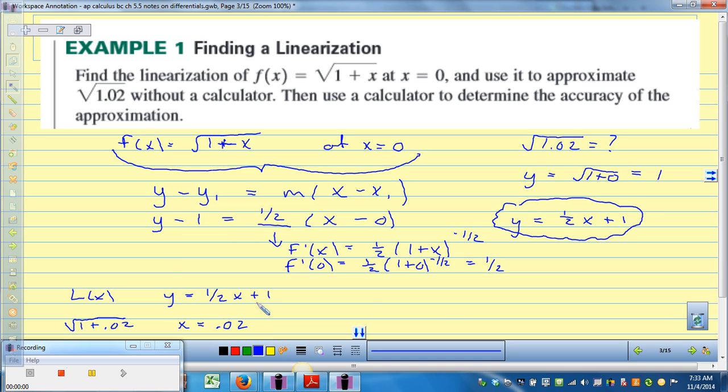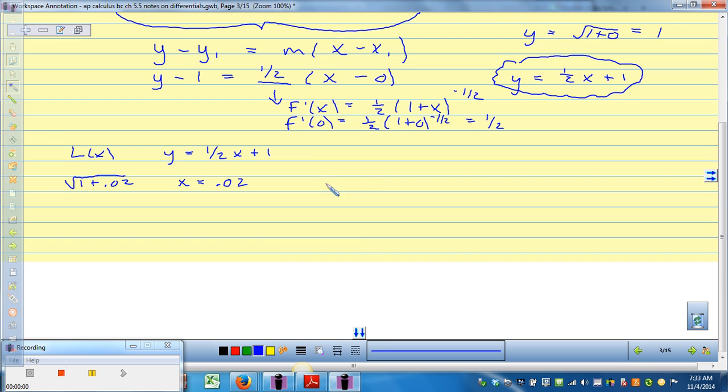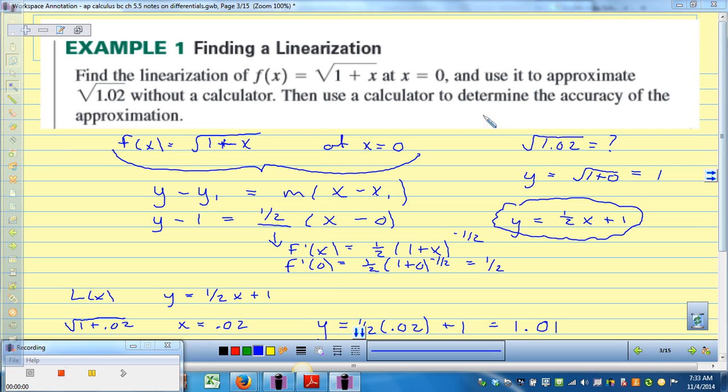And then we can just use this line to approximate the y value. y equals 1/2 times 0.02 plus 1, and we get 1.01. So that's what we get for our approximation. And now it says use the calculator to determine the accuracy of the approximation.